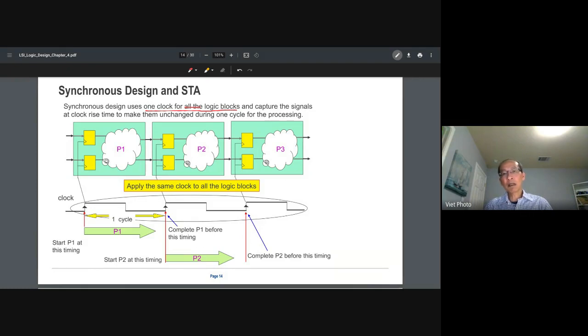One handles a video game, so it needs to handle very high throughput and needs a very high frequency. The other block is processing an image that is static. It needs to process as much as possible, but it doesn't need to be as critical as the graphic unit. Because of that, these two blocks will use different frequencies.